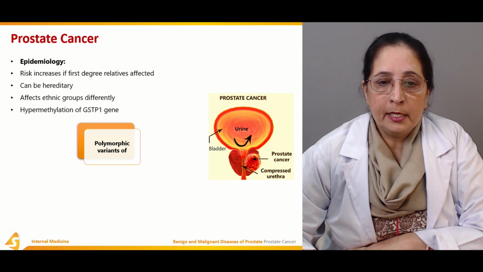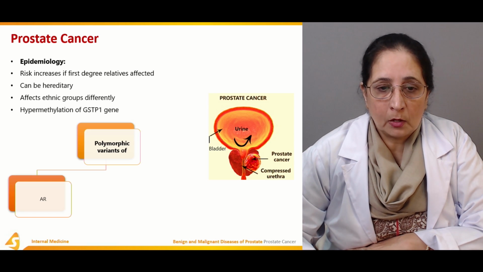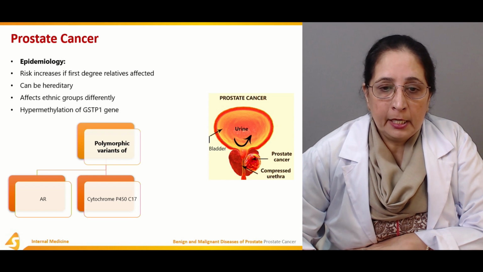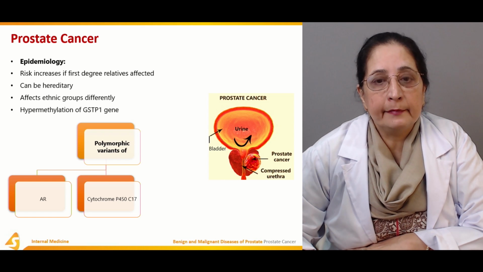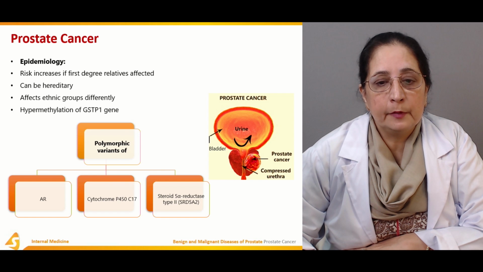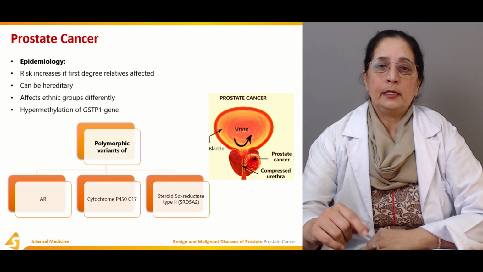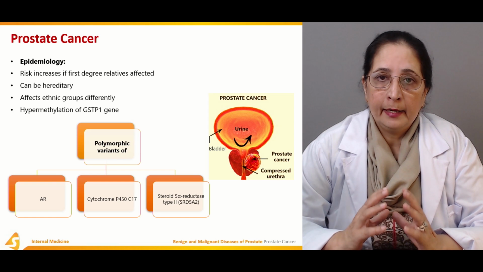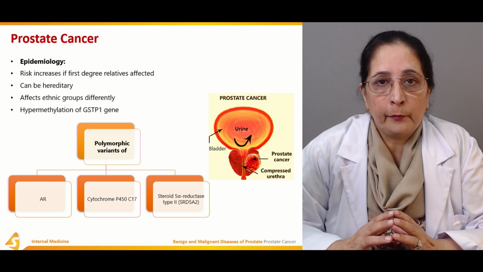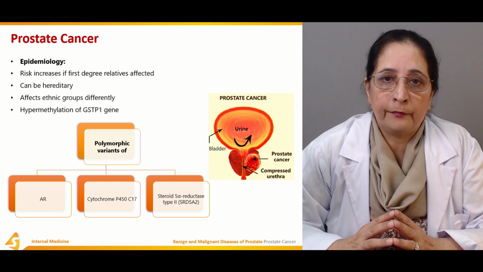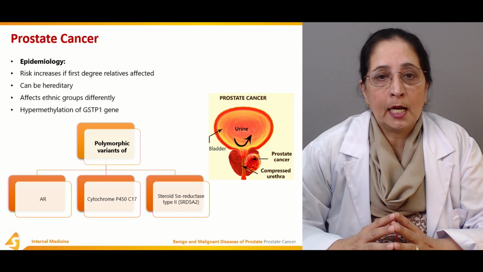Then we have polymorphic variants of AR, cytochrome P450, C17, and steroid 5-alpha reductase type 2. So all these are different variants of the prostate cancer: AR, cytochrome P450, C17, and 5-alpha reductase type 2.